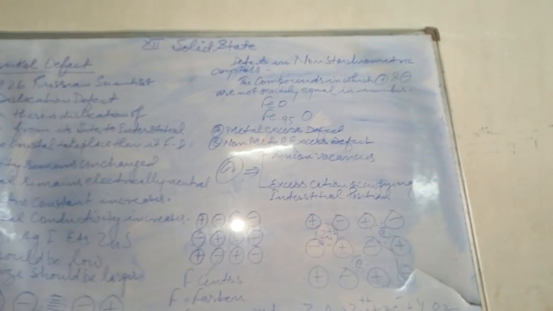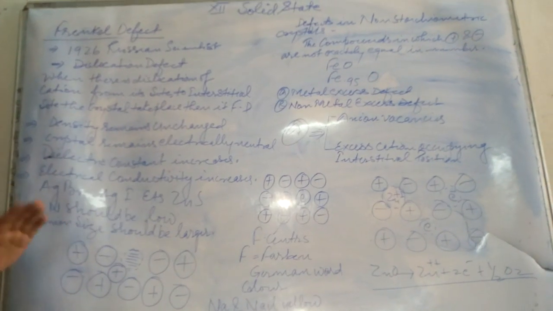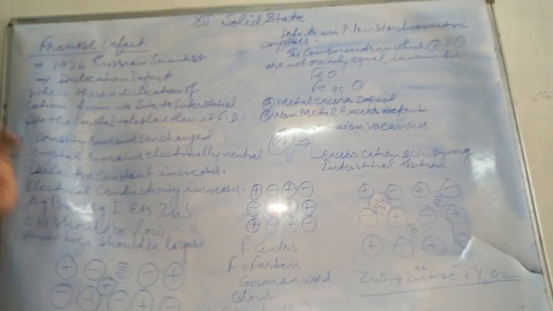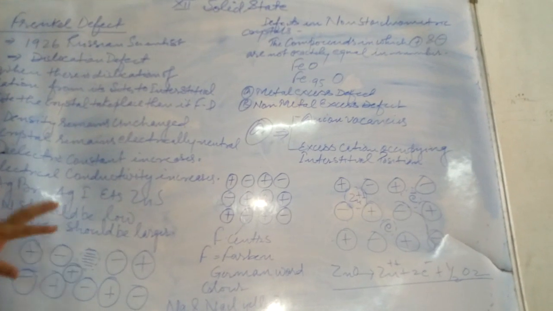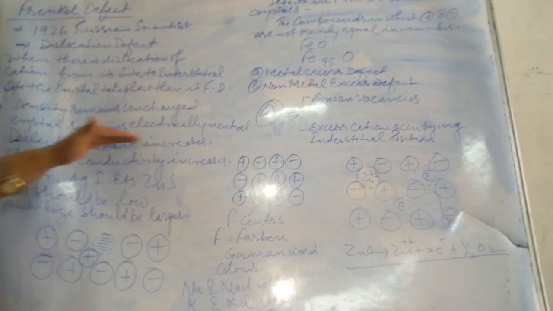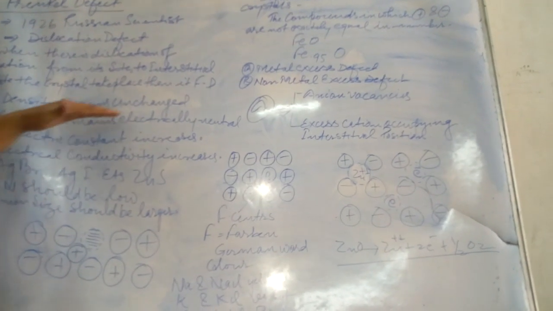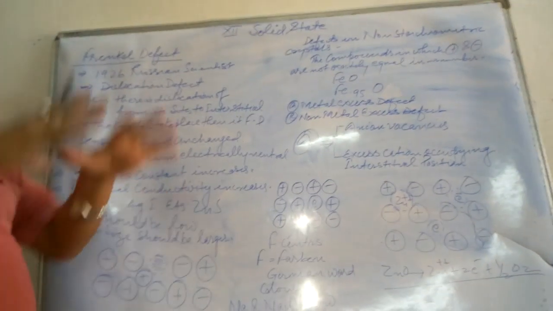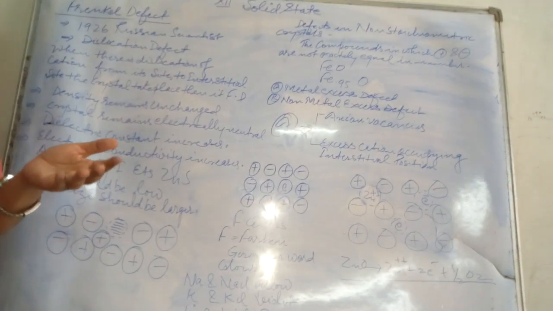This Frenkel defect increases electrical conductivity. Why? Because of the formation of holes. So the crystal increases electrical conductivity and increases dielectric constant, remains electrically neutral, and the density remains unchanged. These are the properties. But what type of crystal will show Frenkel defect? Children, the crystal in which the size of the anion is larger in comparison to the cation.